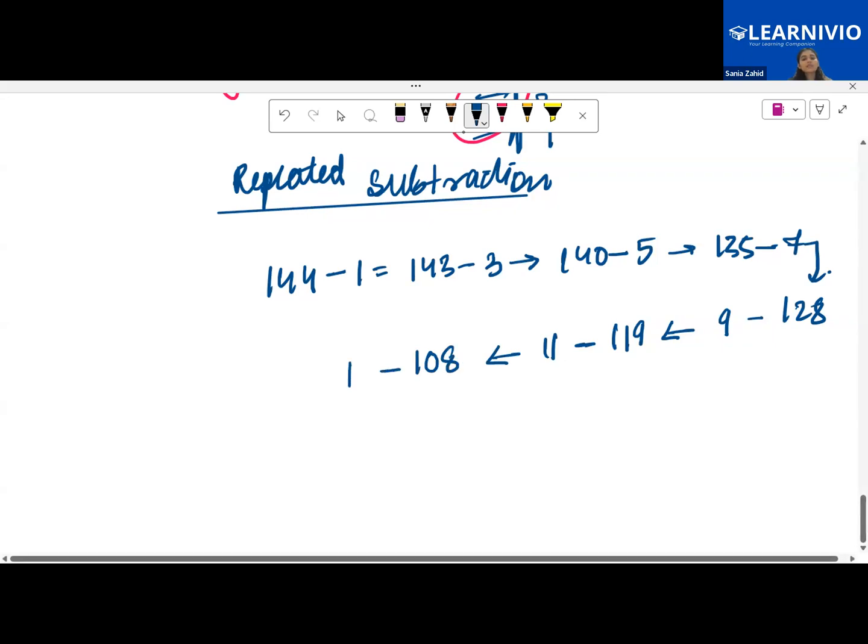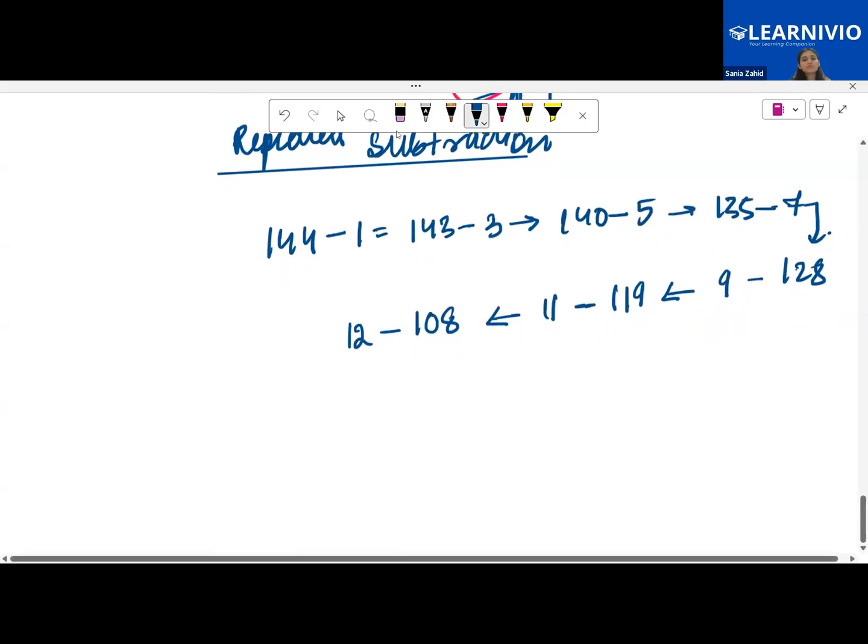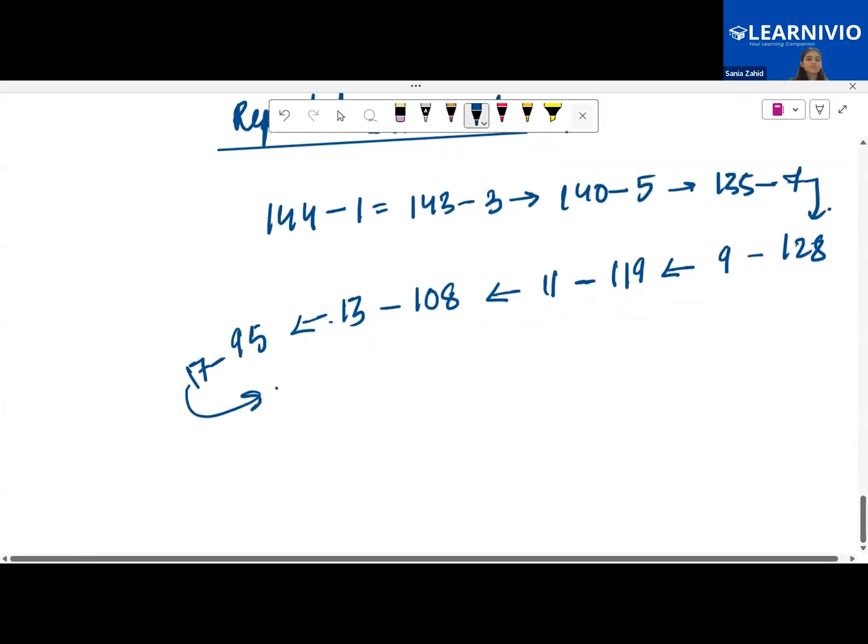Then you subtract 13, you will have 95. Then you subtract 17, you will have 78.